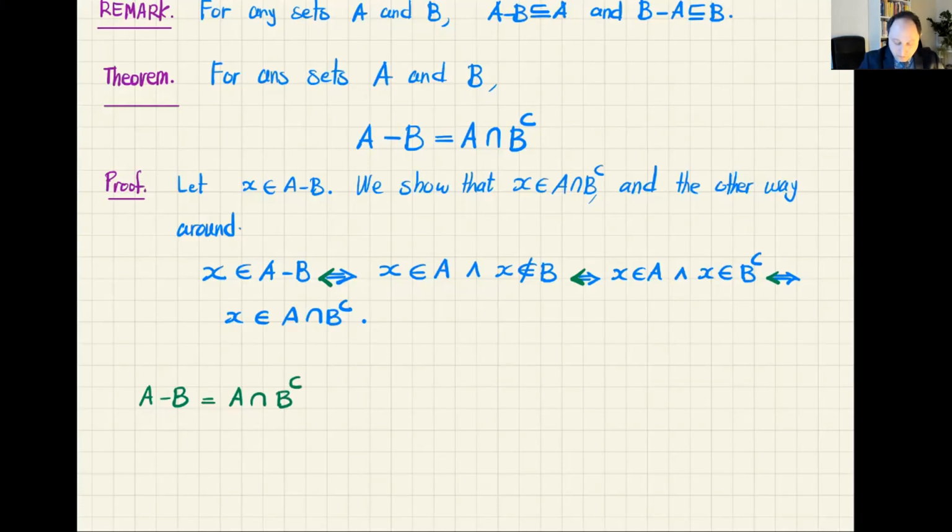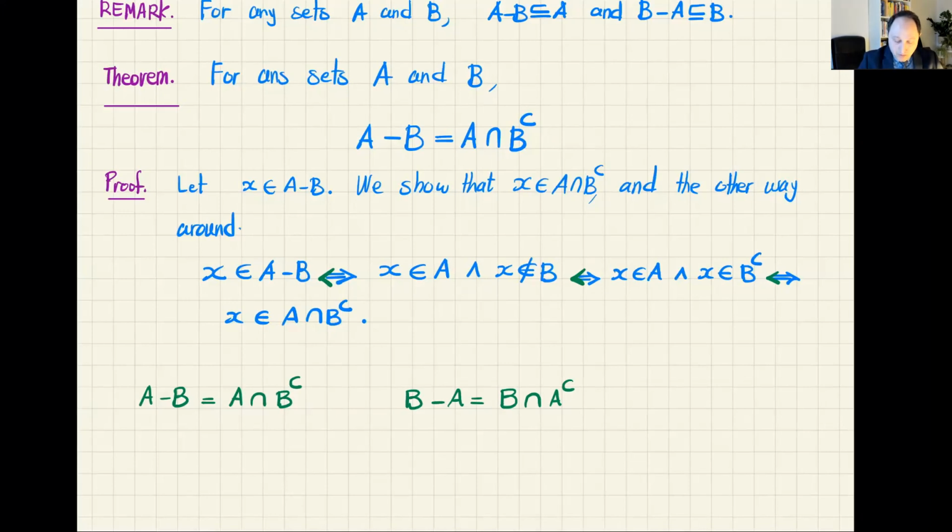Yes? For example, if I ask you what is B minus A, you can write the first one, you change it to intersection, and then you write A complement. So there is no ambiguity going from difference to intersection; it is always unique.